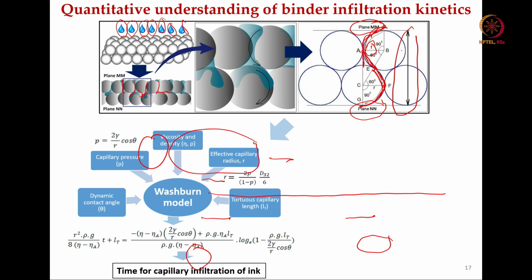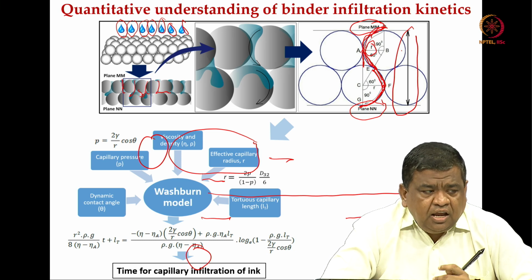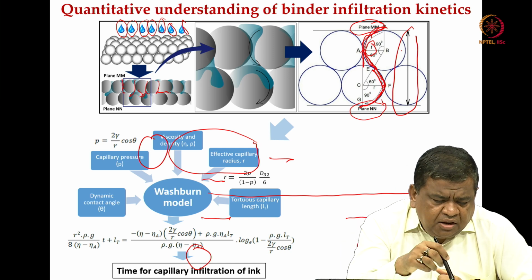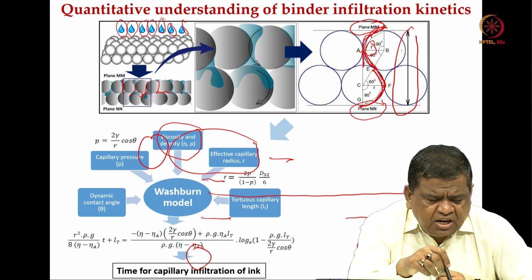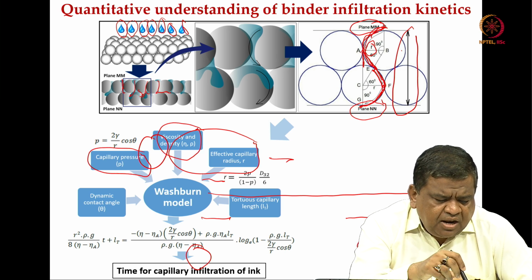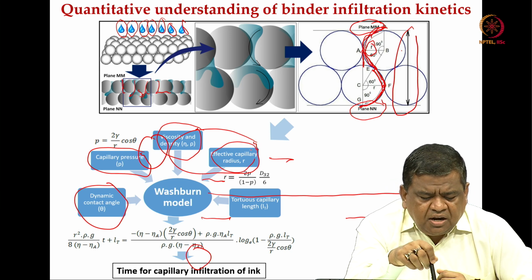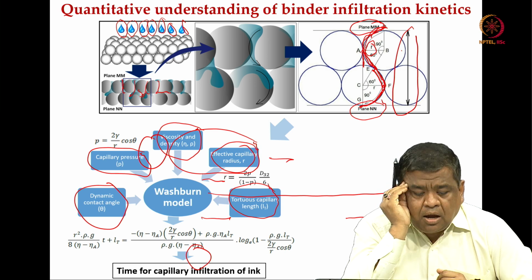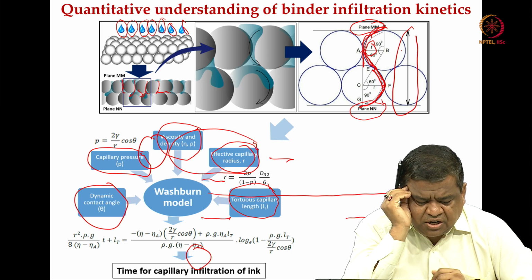So, what we have used is the Washburn model, and this Washburn model allows us to find out the time for capillary infiltration of the ink. The different physical parameters of relevance are viscosity and density, capillary pressure, dynamic contact angle, effective capillary radius and tortuous capillary length. These are the different parameters which we also have calculated from geometric considerations.